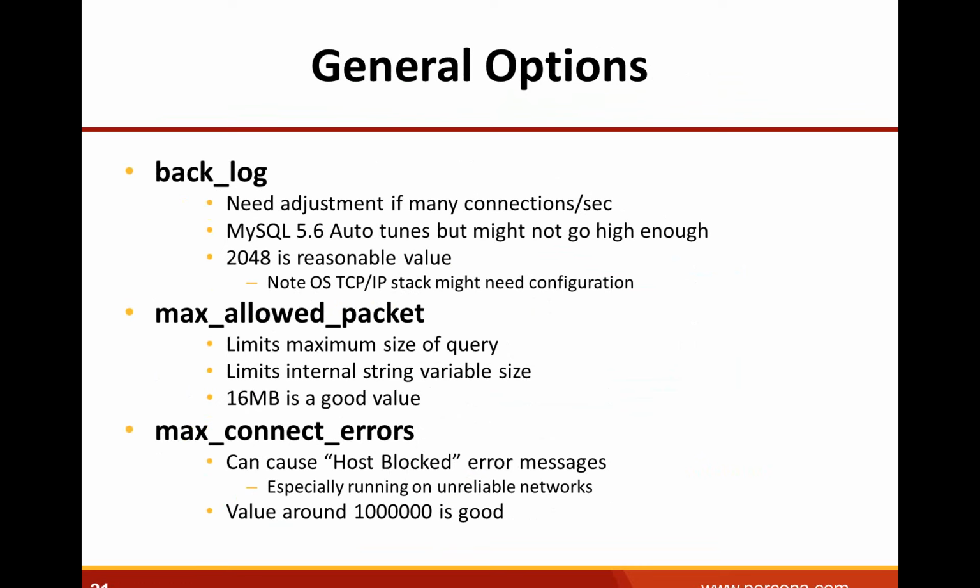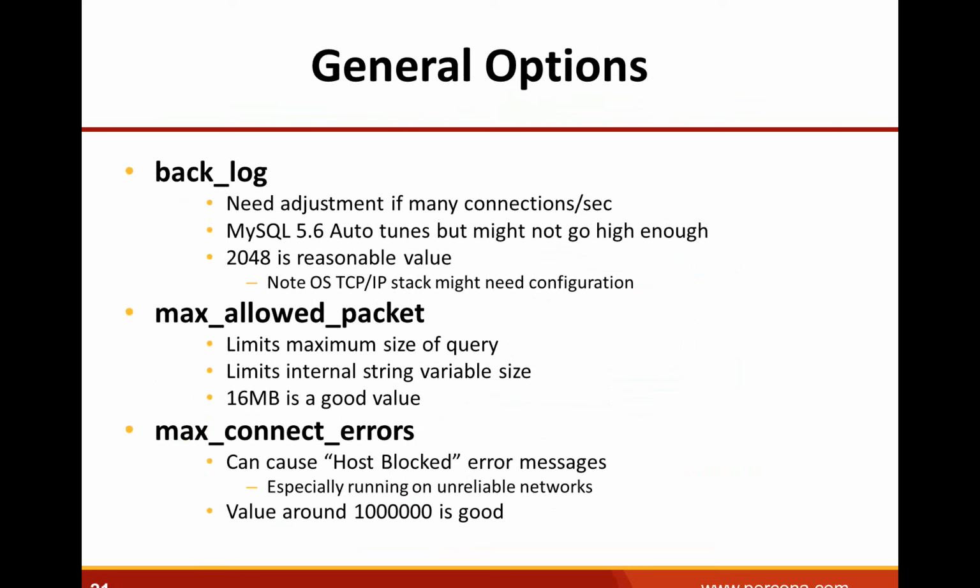Backlog. This is a variable which may need to be adjusted if you have many connections per second. MySQL 5.6 sets that to a default value based on max connections, but it may not go high enough if you have a very high rate of connections a second.